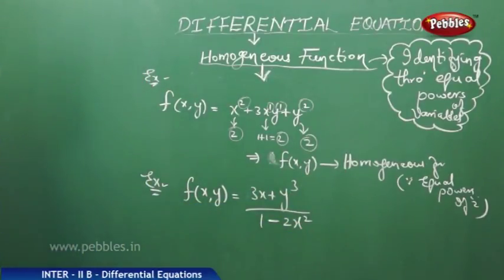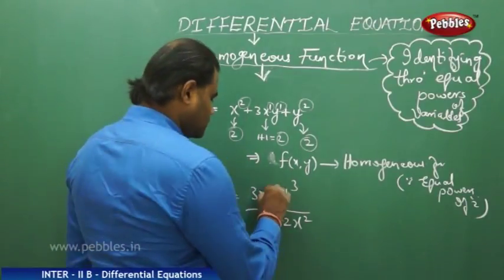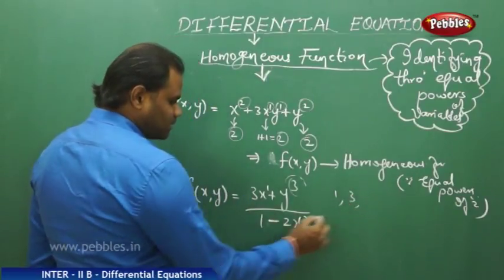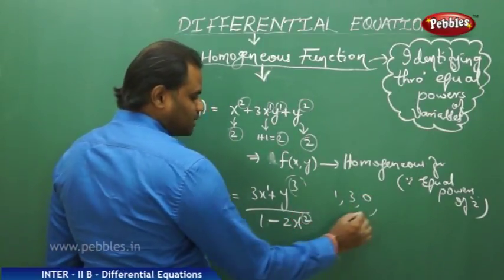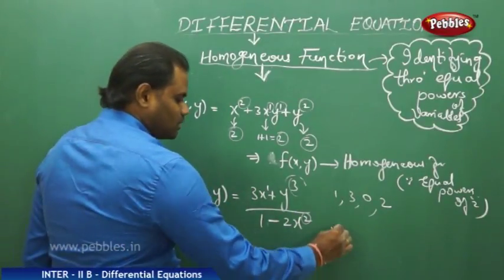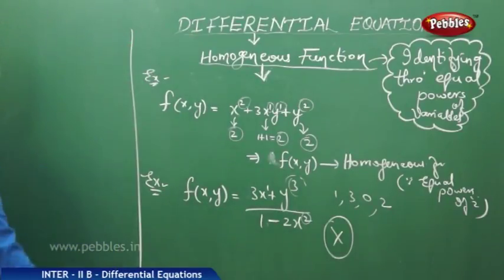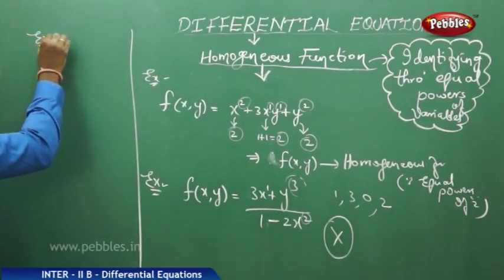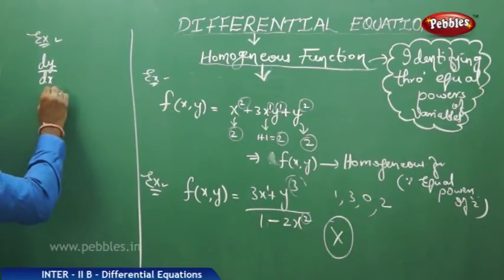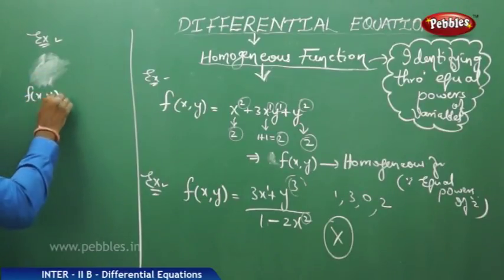Now clearly I can see that each of these has unequal powers, because this has power 1 and this has power 3, and the next term has power 0 and the next term has power 2 for its variables. Therefore, this is not a homogeneous function.